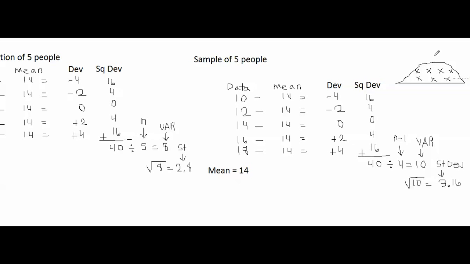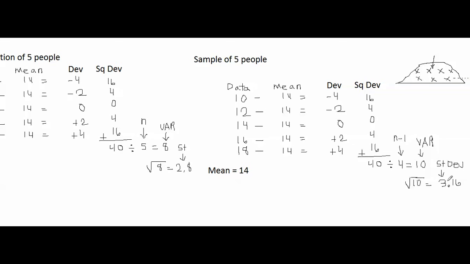And because of that, the standard deviation of your sample will actually underestimate the true spread of the entire population. And so that's the reason why the sample standard deviation tends to come out lower than the population standard deviation, because the sample doesn't really truly represent the true amount of spread that exists across the entire population.